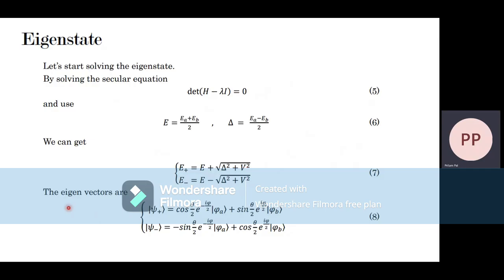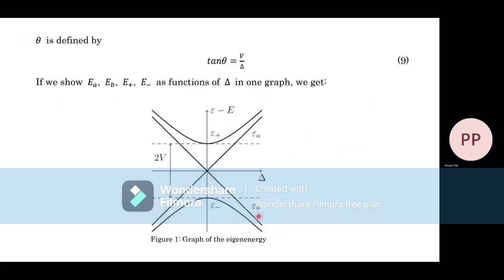These are the eigenvectors associated with these energy eigenvalues, which you can easily calculate. Here theta is defined such that tan theta equals V over delta.